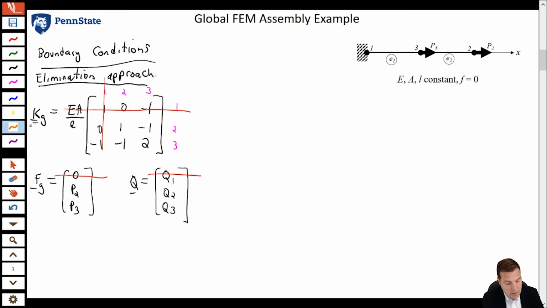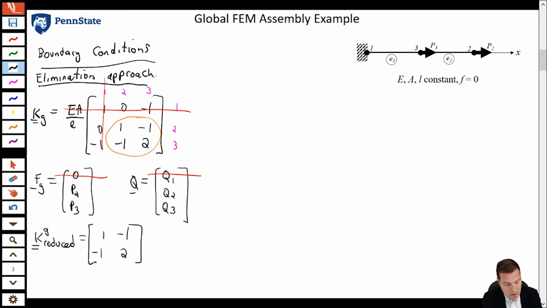Basically, it's this stuff in here. Okay, so we can write that now. K G reduced. Okay, and that's going to be equal to 1, negative 1, negative 1, 2.